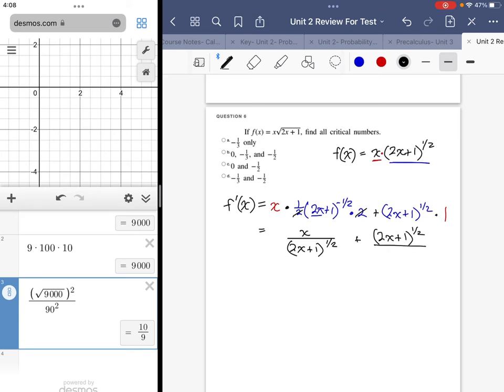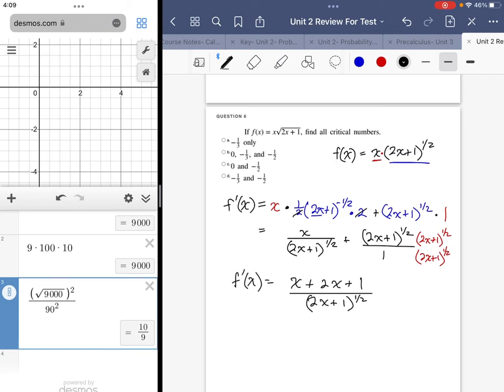So that 2x plus 1 to the 1/2, I can think of that as over 1, and then multiply by 2x plus 1 to the 1/2, top and bottom. All right, so a radical multiplied by itself cleans up nicely. So we'd be looking at x plus 2x plus 1, over 2x plus 1 to the 1/2. So that's my f prime of x.